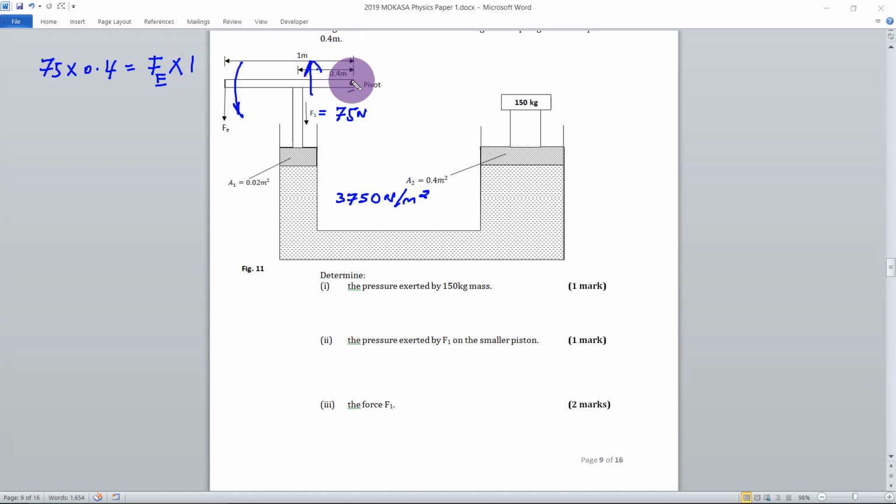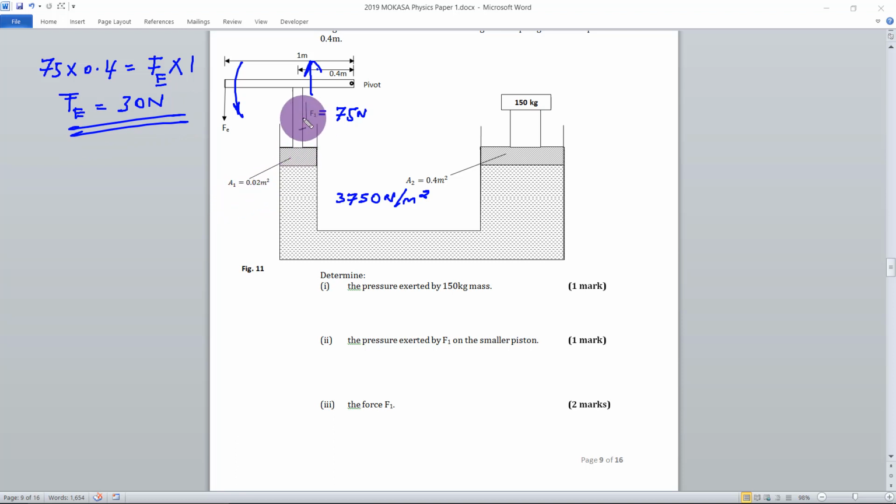And again, notice that all distances are measured from the same point. This one is 0.4 and this one is 1 meter. And you can see that our effort, that is Fe, will give us 30 newtons.